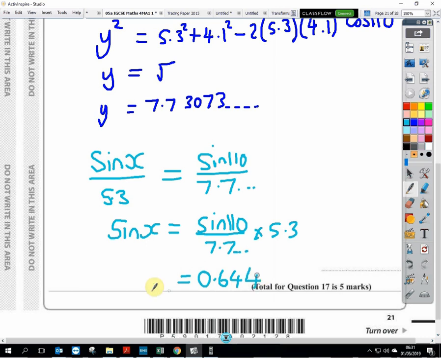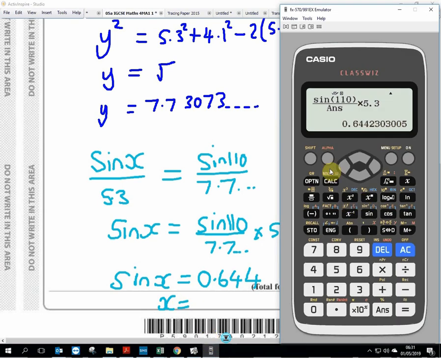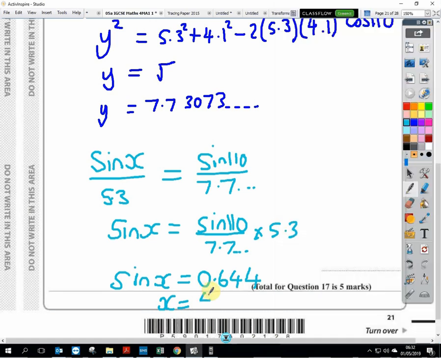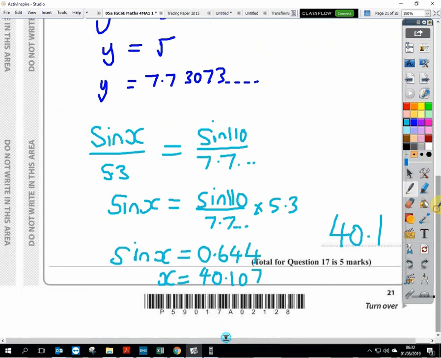That's sine x, and we would like x. So how do you undo sine? It's inverse sine. So shift sine of your answer, and you end up with 40.107, which you then round to three significant figures. In this case, which is 40.1.